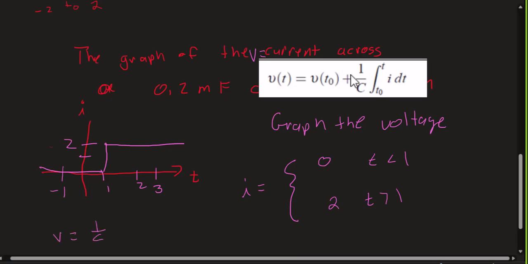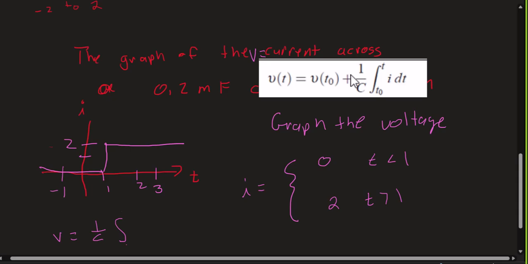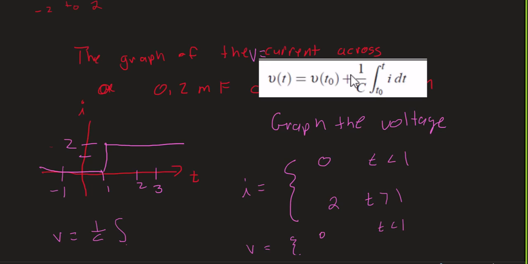So the voltage is 1 over c times the integral. What is the voltage going to be from negative infinity to 1? It'll just be 0. So for t less than 1 it'll be 0. It's not charged when we start. So from 1 to infinity, it'll be the integral from 1 to t of 2 dt.